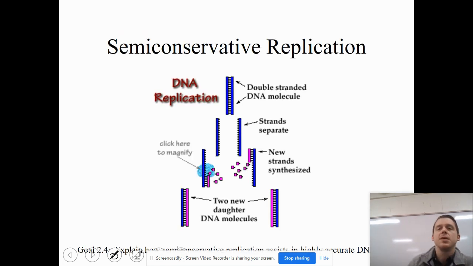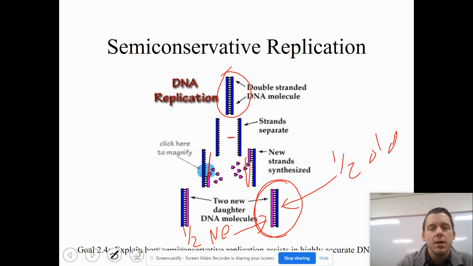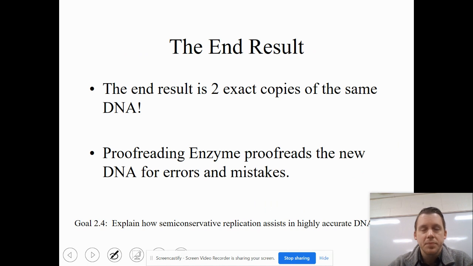All right, so semi-conservative replication, we have the old DNA. The old DNA splits into two. We have new DNA being built on each strand, and then we end up with two daughter molecules. Notice that they are half old and half new. So that is semi-conservative replication.